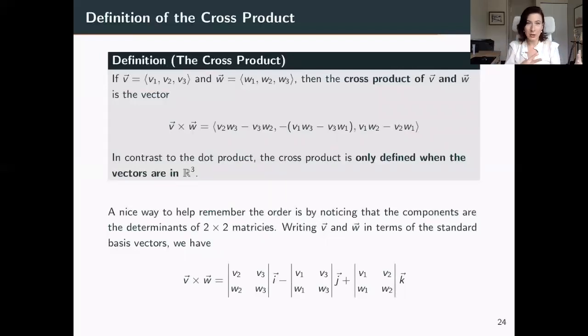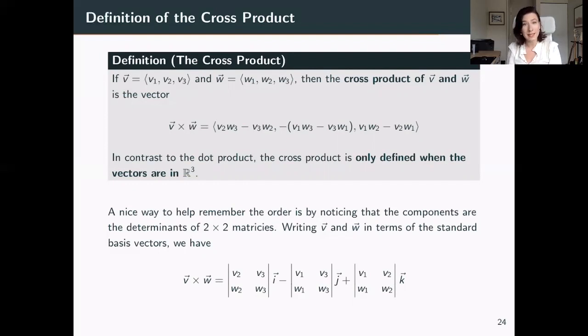Again, as noted on the first slide, we can only define the cross product in dimension 3. If you are given two vectors in dimension 2, you cannot compute the cross product. You can, however, compute the dot product.